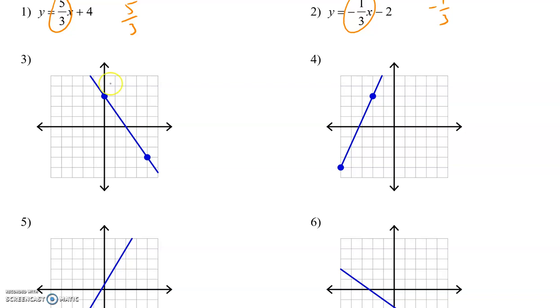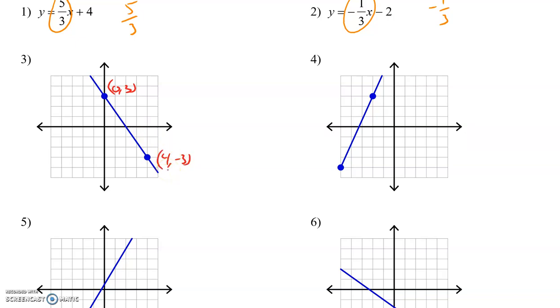Whatever point is further to the left is point number 1. So here the coordinates for this one would be 0 and 3. This one's got the coordinates of 4 and negative 3.